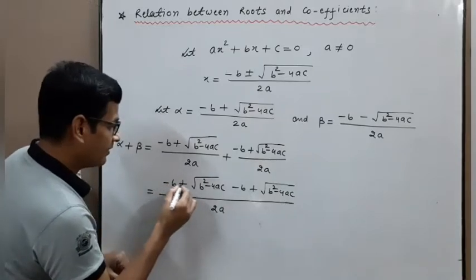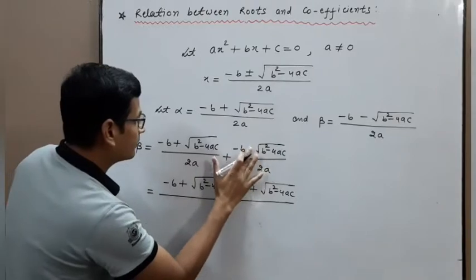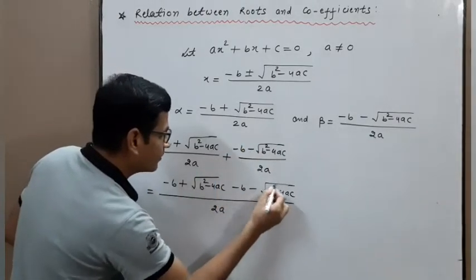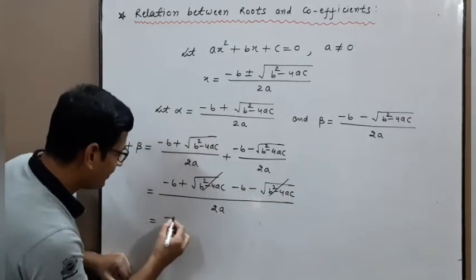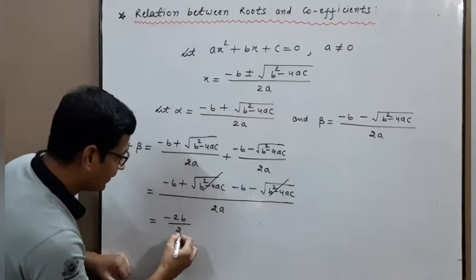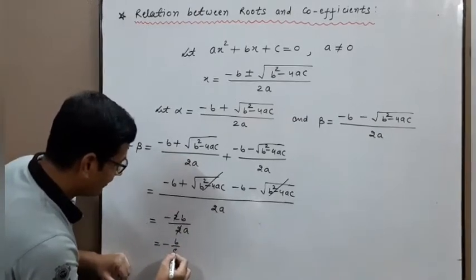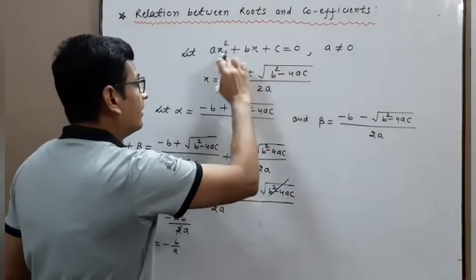So cancel the roots, minus b and minus b give minus 2b upon 2a. The 2a cancels, so minus b upon a. So the sum of roots is equal to minus b upon a.